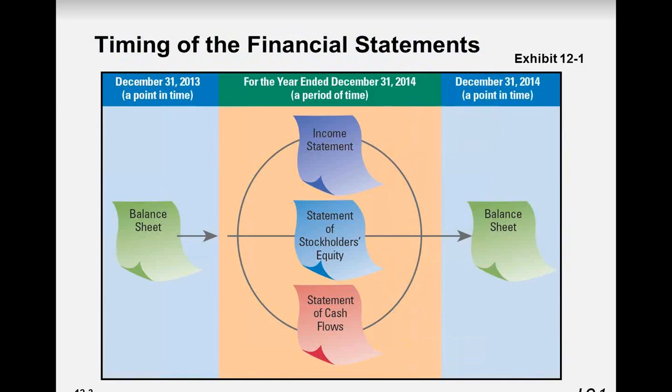When you create your balance sheet, your date on it will say December 31st, 2014 or July 31st, 2014, whereas the income statement, statement of stockholders' equity, and statement of cash flow all are for the period of time as is depicted at the top for the year ended, or it could be for the month ended, and the date is for the whole month or for the whole year, not as of that specific date as the balance sheet is.